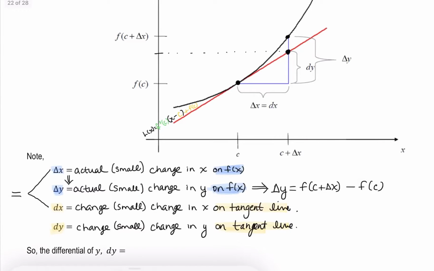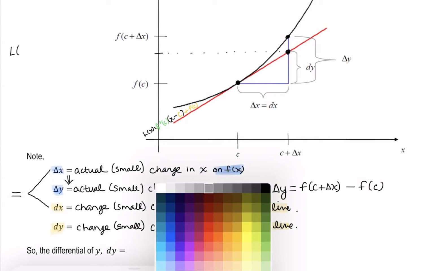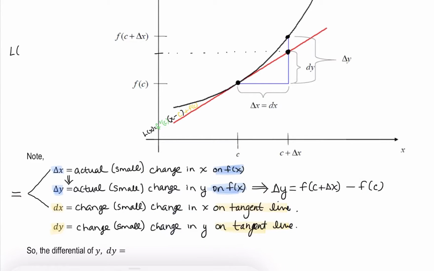So what we need here is L of, and I am subbing in, let's sub in the c plus delta x. So that's the point that we are subbing into our tangent line.